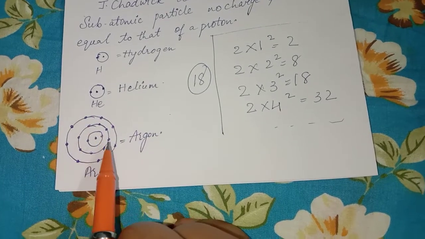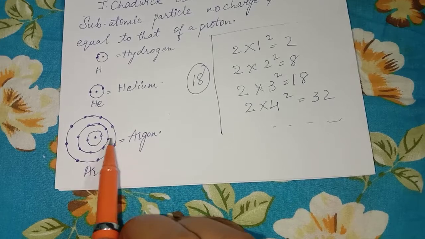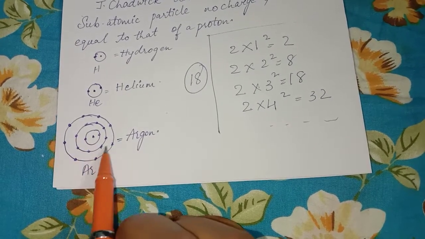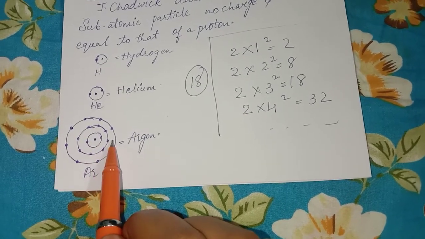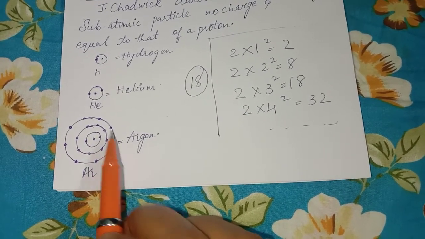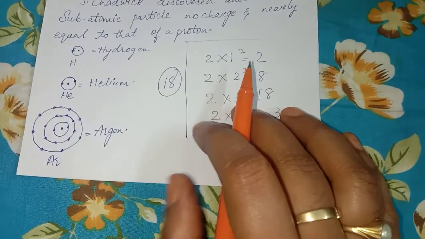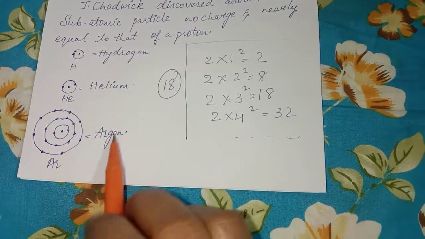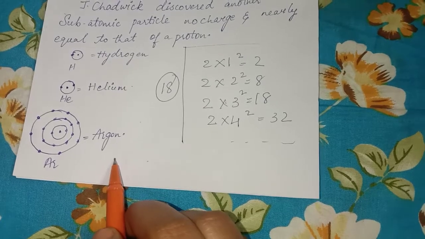But when comparing with argon, you can see three orbits or three shells. First is the nucleus, then 8 in the second, and the third shell also consists of 8. As we already discussed, the maximum number of electrons accommodated in the outermost shell is 8. Here you can see the example which consists of only 8.